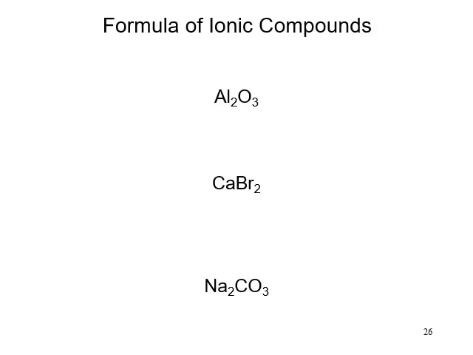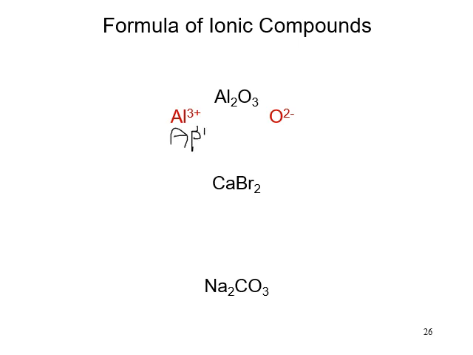As far as figuring out the formulas, I was just giving you an example of that on the previous slide. Each one of these compounds is made up of the ions of the individual elements. So aluminum oxide is made up of 2 aluminum 3 pluses, and 3 oxygen 2 negatives.